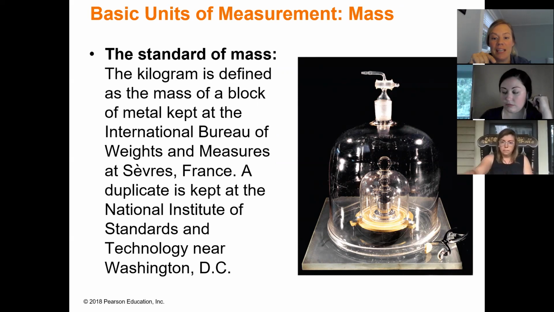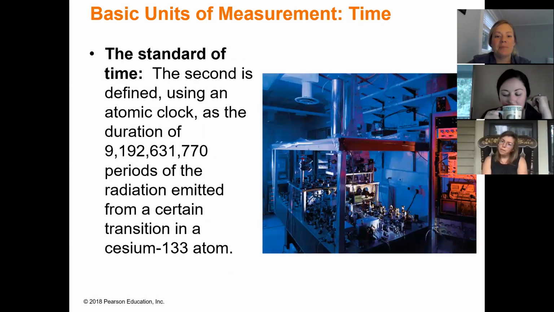There is actually a little block that they've measured and said, this right here is what a kilogram is. Everything else is based off of that. For time, the second, they have this really big fancy clock, and it has to do with the radiation of cesium-133. That's how they keep the consistency of that.